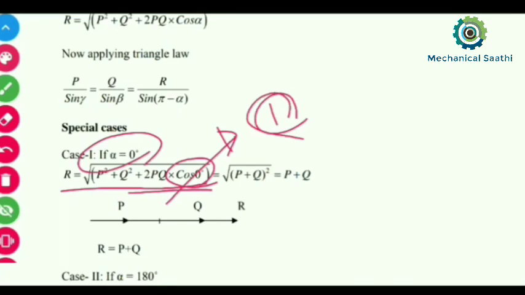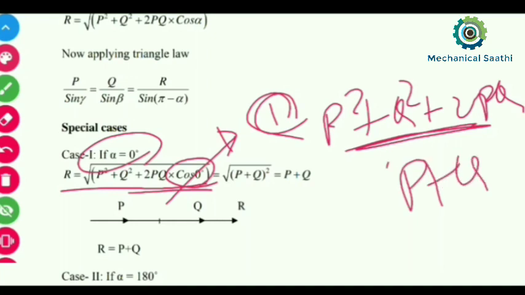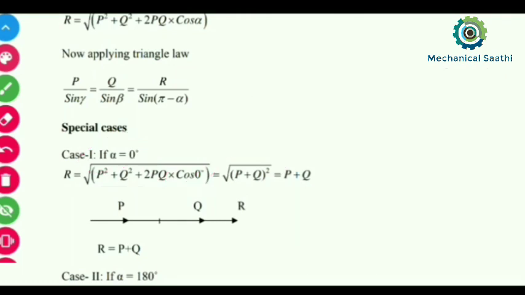So I can write that as p square plus q square plus 2pq, which is p plus q whole square under root. The square and the root cancel, so I can write it as p plus q. So if these two forces are acting in the same direction, then the resultant will be added.